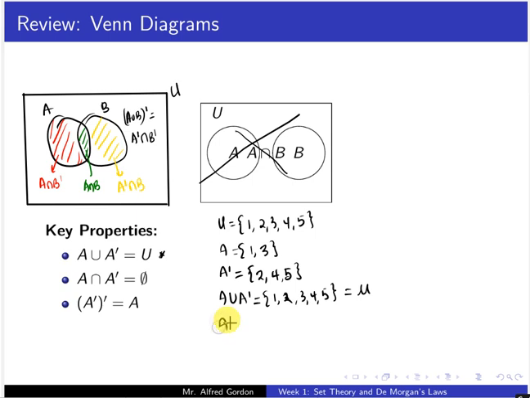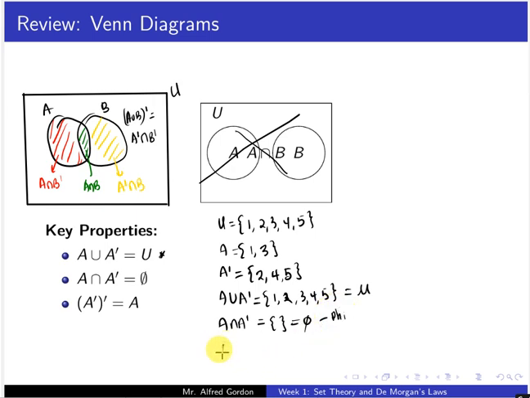Now also A intersection A complement. Looking at A and A complement, we find that there are no common elements. So that gives us the empty set, which is the same as phi.